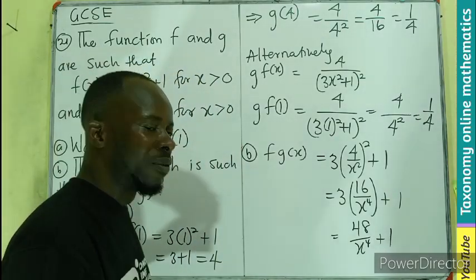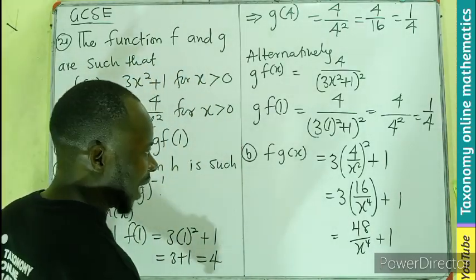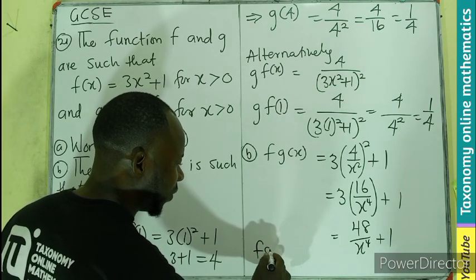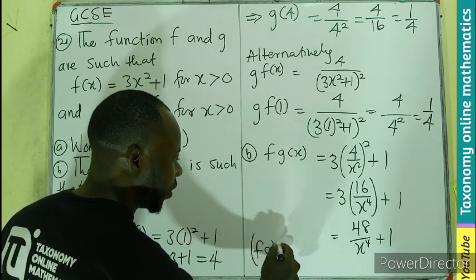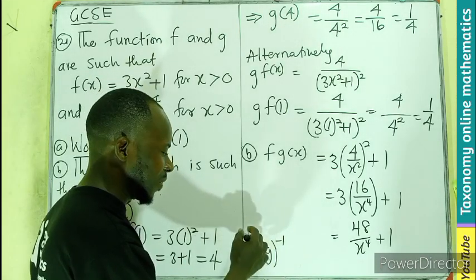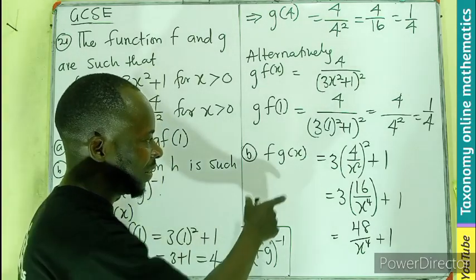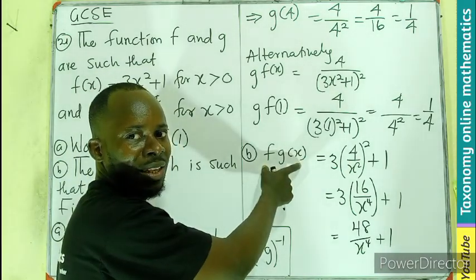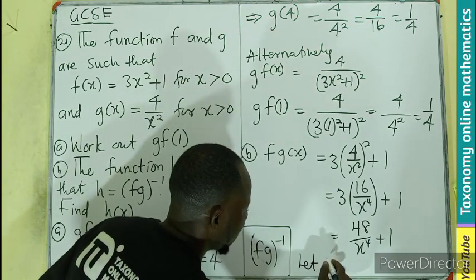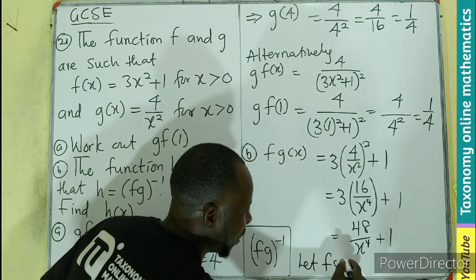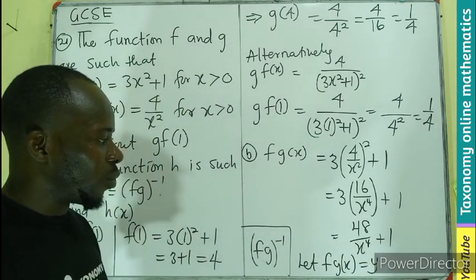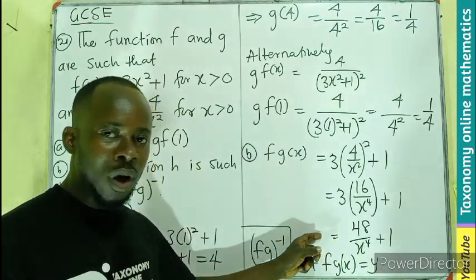So now we are looking for the inverse. I can say that (fg) inverse is what I'm going to find. If I want to find this, then I have to let the whole of this be equal to y. So I'll say that let fg of x equal y. So y is equal to this.